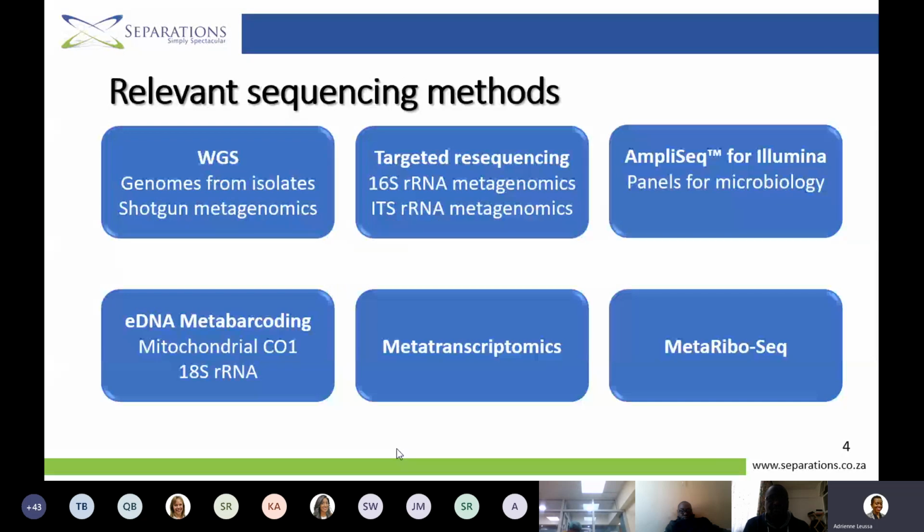Now, what are some of the methods that are employed in next generation sequencing to achieve those goals within the study areas highlighted in the previous slide?